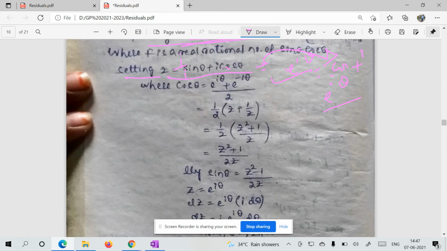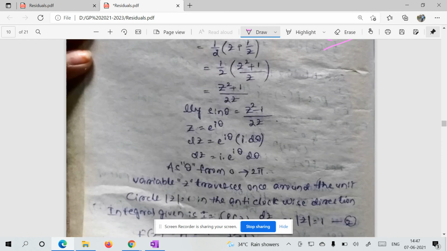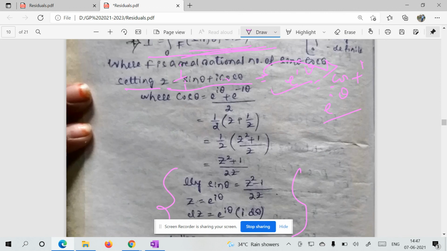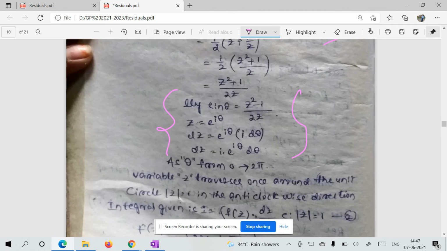This is the procedure of finding it, so the function is changing. The given function we have to change completely into a function of z, or whenever a function of z is given we can change it into sin theta cos theta functions also.